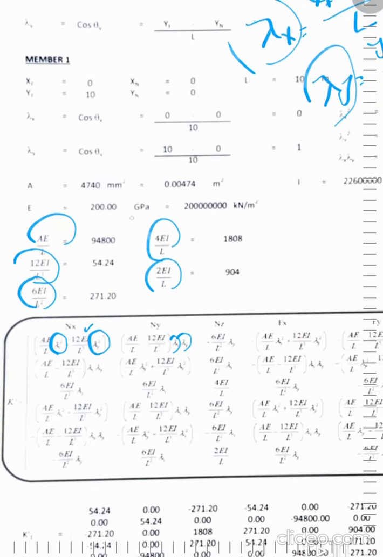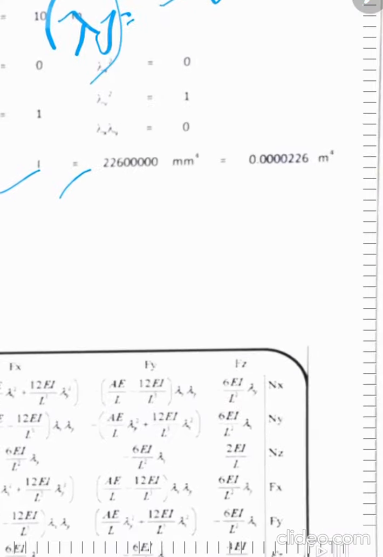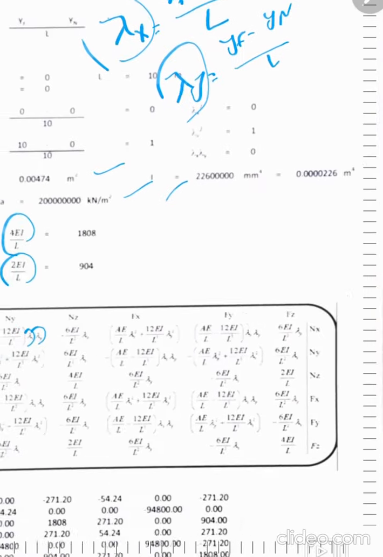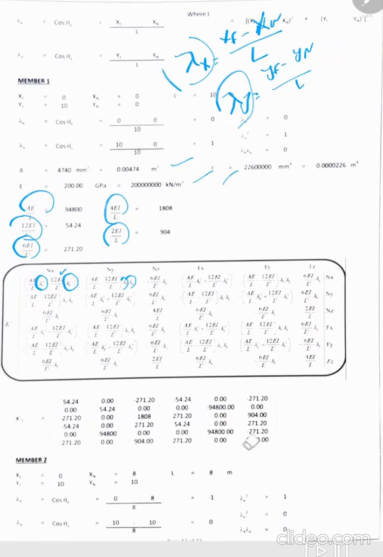EI and A are all given, but you just need to change the units, and substitute your values. Okay.